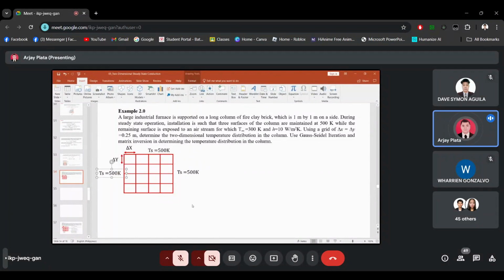Additionally, there is information on the fluid coming in this direction. We have here air, which is 300 Kelvin.